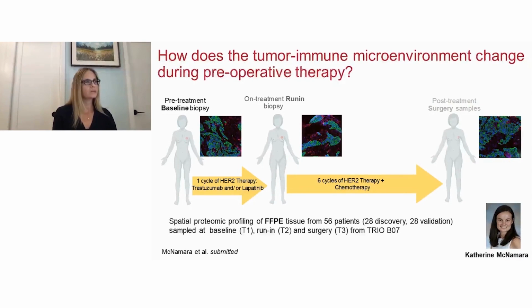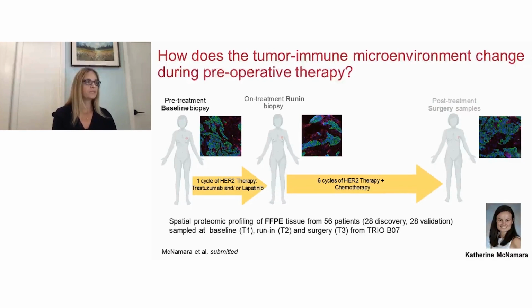Subsequently, these patients underwent one cycle of HER2-targeted therapy with either trastuzumab and or lapatinib, and they were then, at that point, obtained a second on-treatment run-in biopsy. And finally, these patients went on to obtain 6 cycles of HER2-targeted therapy prior to surgery to determine whether they had achieved a pathologic complete response or not. And so the neoadjuvant setting really provides a rich opportunity to obtain high quality tissue.